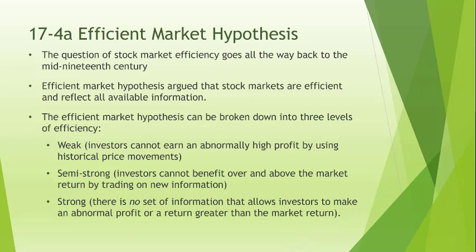Semi-strong efficient market hypothesis means that investors cannot benefit over and above the market return by trading on new information. In other words, what the market knows, you should not be able to outdo the market based on the information that comes out.